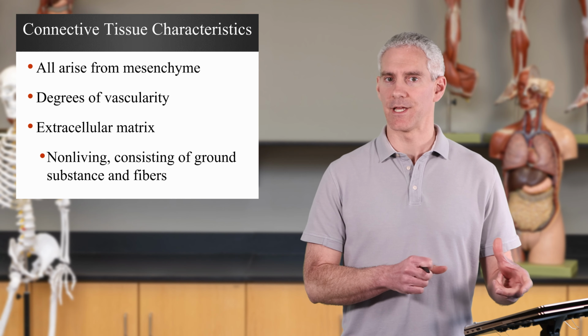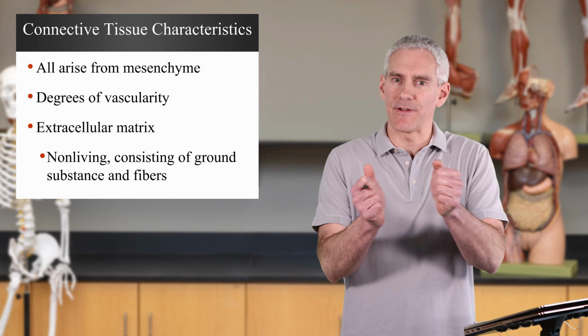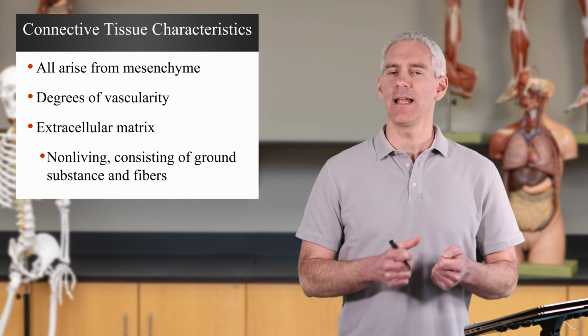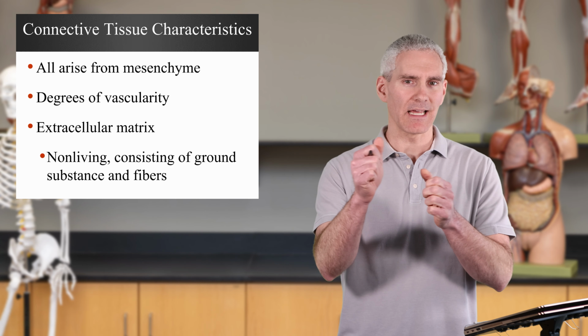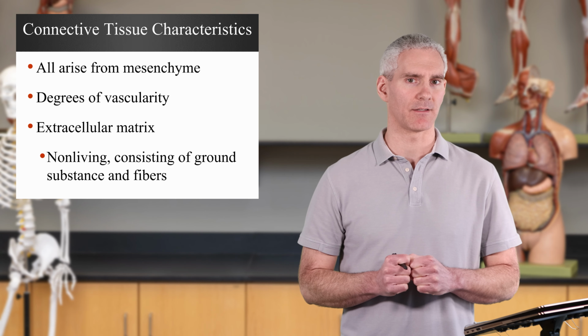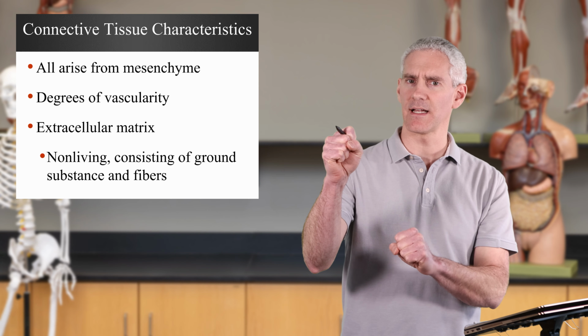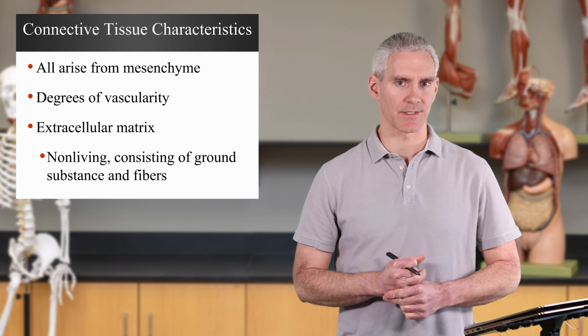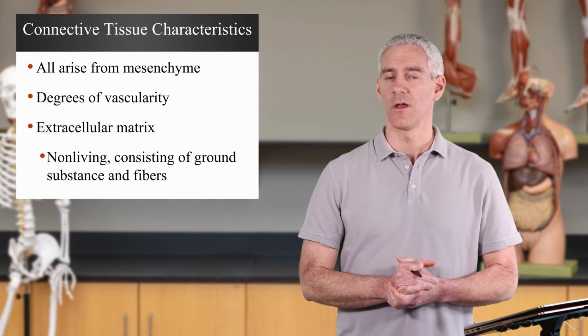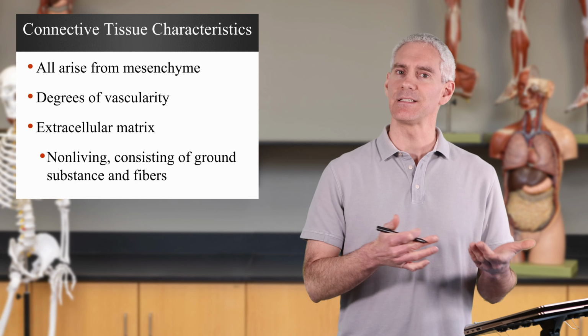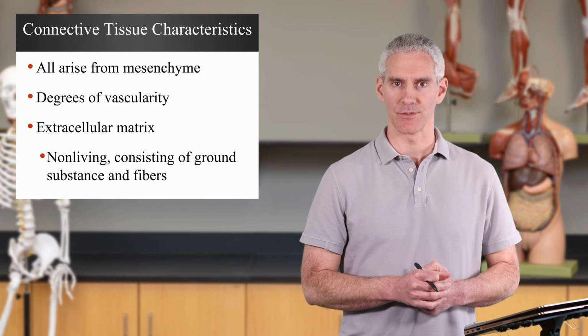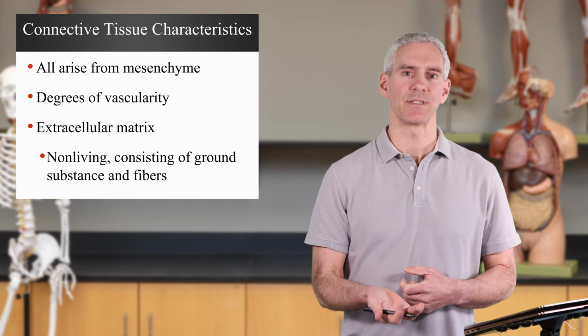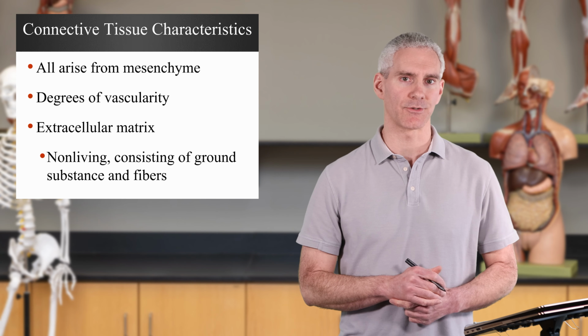While epithelial tissue had a high cellularity, very close cells, connective tissue, for the most part, has more space in between the cells. You have a cell, you have a cell, you have a cell, and space in between. That's this extracellular matrix. And that's also what will help to differentiate the different types of connective tissues, all based on the composition of the extracellular matrix.